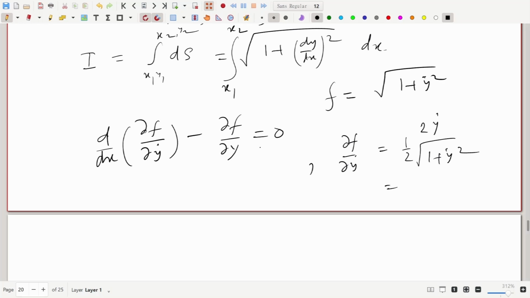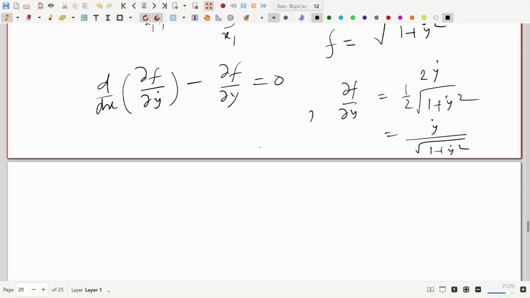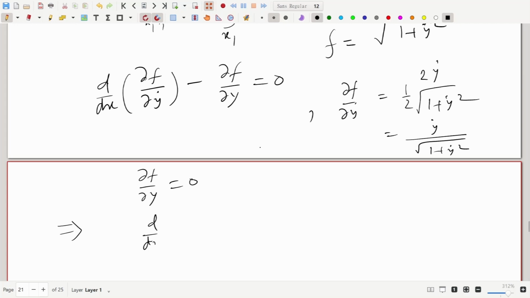So it is basically y dot over root of 1 plus y dot squared, and f does not depend on y, so del f del y equals 0. So this extremization condition leads to d/dx of y dot over root of 1 plus y dot squared equal to 0.